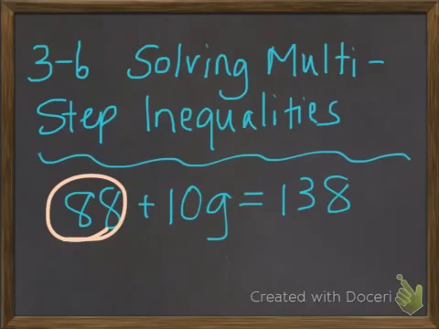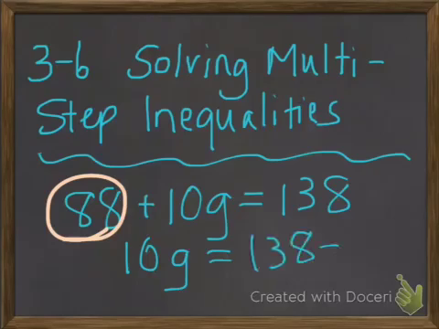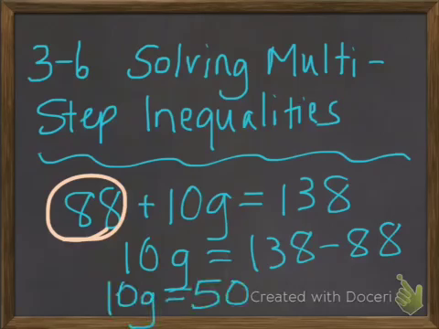I would have to make that a 0 first. So 88 minus 88 is 0. On the left side, I'm left with 10g equals 138 minus 88, because what I do to one side, I also do to the other. 138 minus 88 is 50. So then I'm left with 10g equals 50.